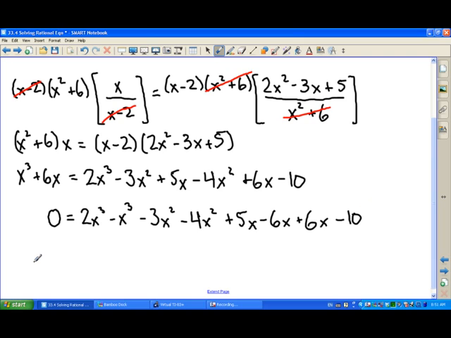And now I just need to gather up my like terms and simplify: x cubed minus 7x squared plus 5x minus 10 is what I end up with. And now on the TI-83, I can graph this function.